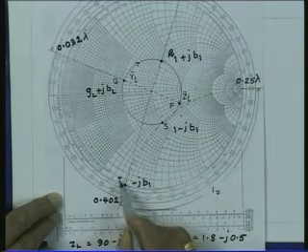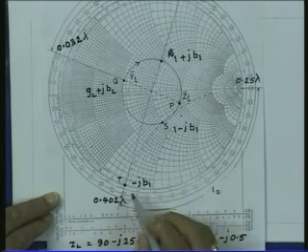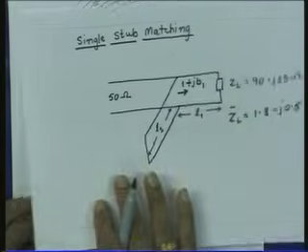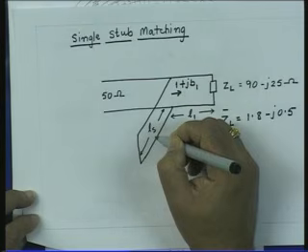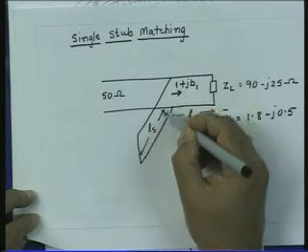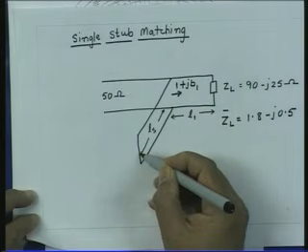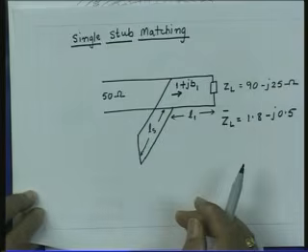So, this point T represents pure susceptance of value minus jB1. Now, if I want to have a susceptance seen here of minus jB1, from that susceptance I go away from the generator till I reach the short circuit point, and that gives me the length of the stub.